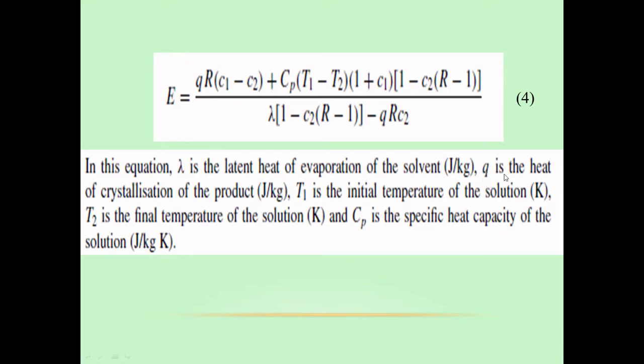The Q, the heat of crystallization, should be known. The T sub 1 is the initial temperature of the solution, the T sub 2, the final temperature of the solution, and the CP, the specific heat capacity of your solution.